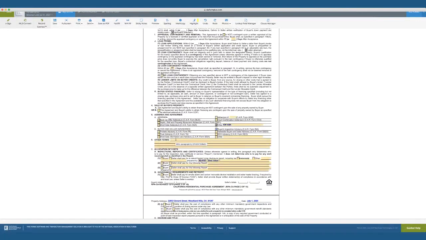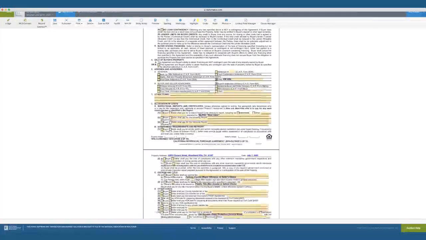Also, if a buyer not related to you is buying this, you need to disclose that. So why do you need to disclose that? Here's why. Because somebody who has a real estate license has more knowledge about such a transaction than the normal person. So you need to disclose that to all parties. So that's that.